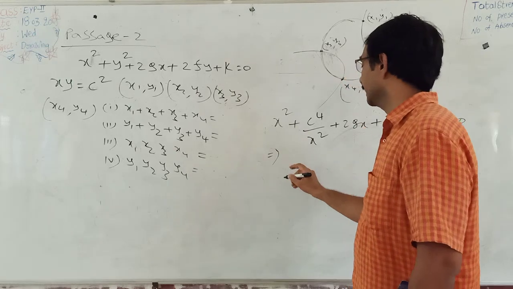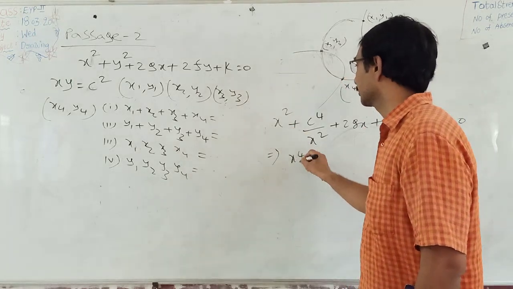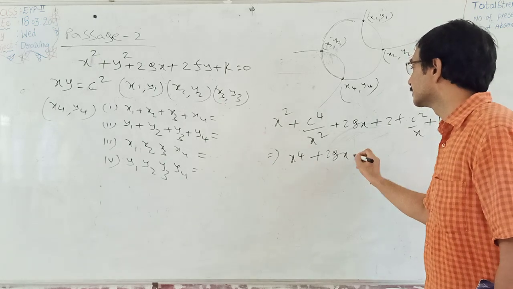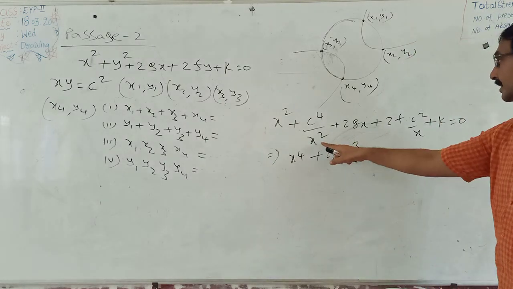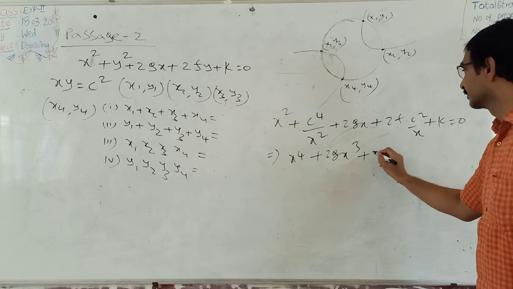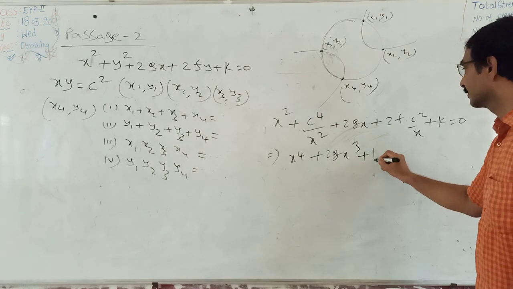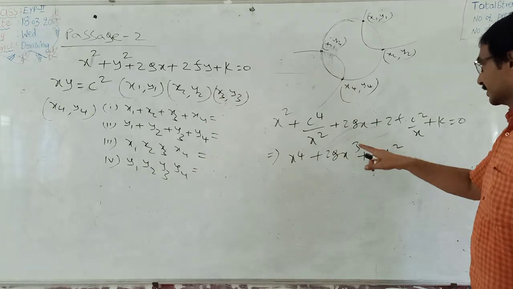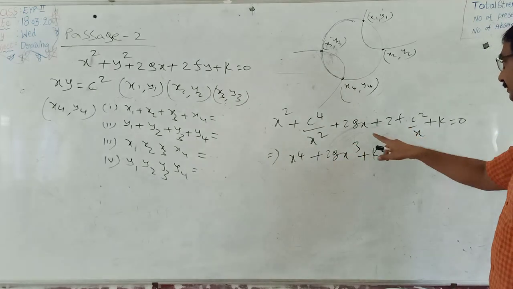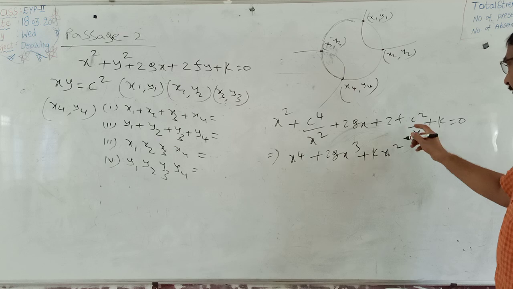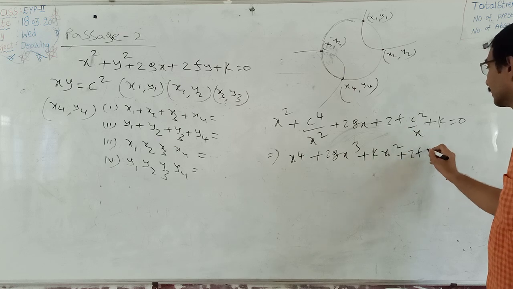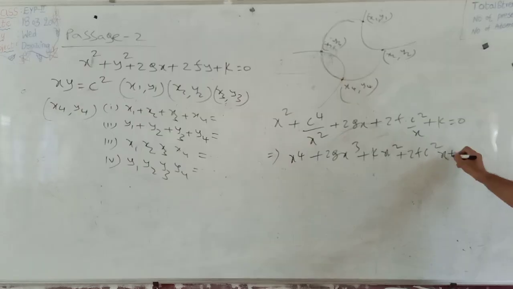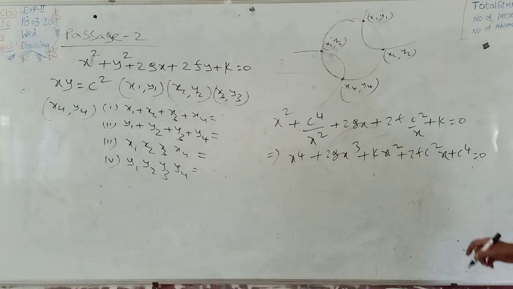On simplifying, the highest power is x power 4, then the x cube term is 2gx cube, the x squared term is kx squared, the x term is 2f c squared x, and the constant term is c power 4, equal to 0.